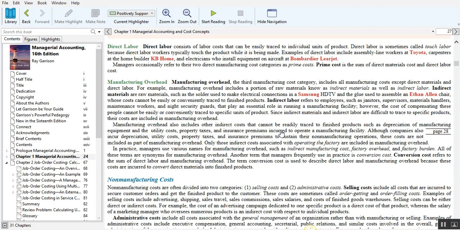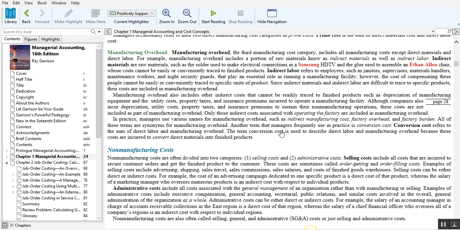There may be some other kinds of materials that are used to clean the factory floor and things like that, to prepare the machinery, to maintain it, and so on. That kind of cost is manufacturing overhead. Those indirect costs are not easily traced to any particular product, but all of them are necessary in order to operate the factory in a way that will produce those products.